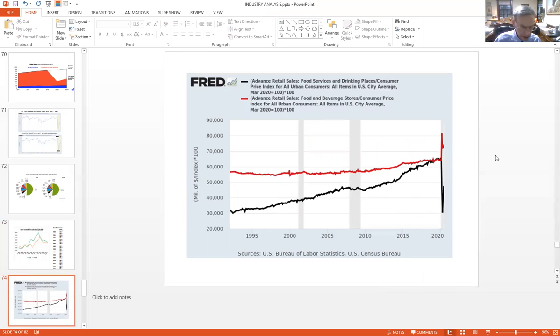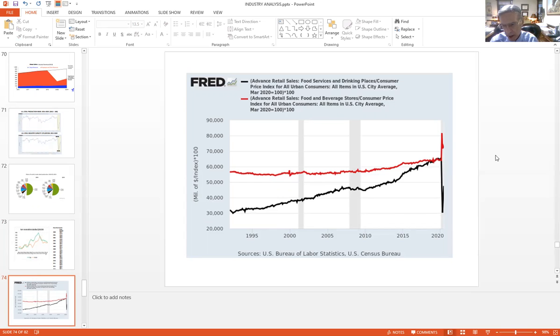And here's a rather interesting chart, and it's sort of like that chart that compared the generic drugs to proprietary drugs. In this case, it's food consumed at home and food service in retail establishments, including restaurants and bars.